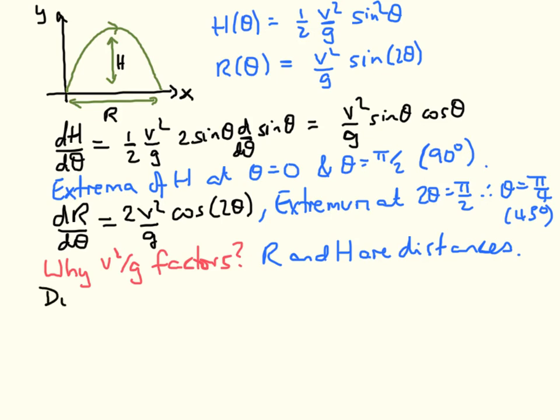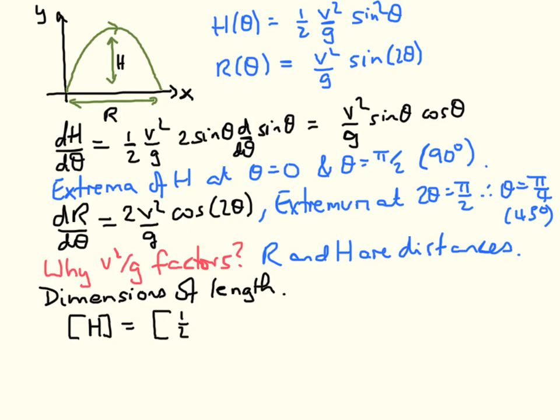So let's look at the dimension of h, for example. It is the dimension of a half v squared over g sine squared theta.